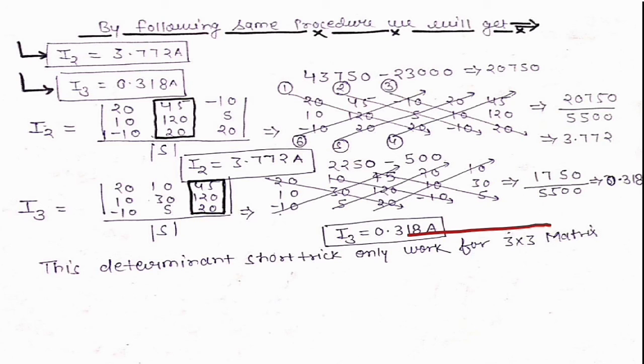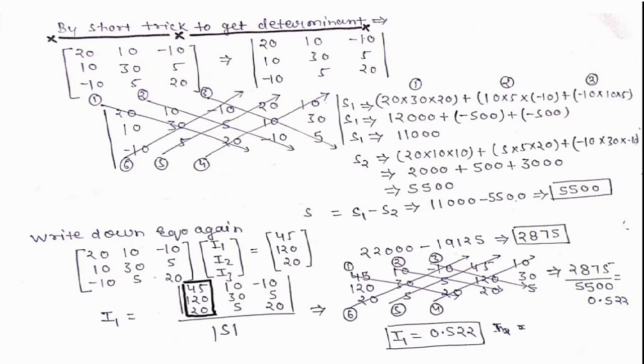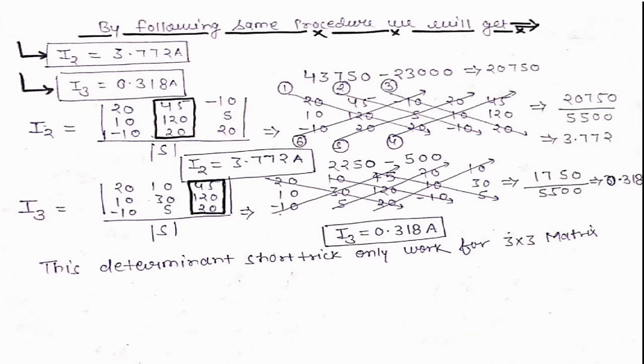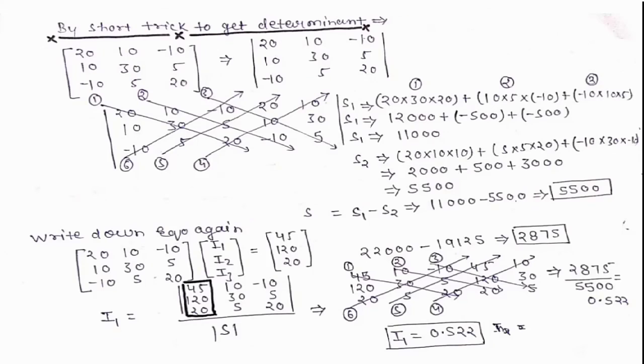So 20, 10, minus 10. You have seen here the middle column is 10, 35 actually. So when you want to know the I2 value, you will have to replace the second column, 10, 35, by 45, 120, 20.